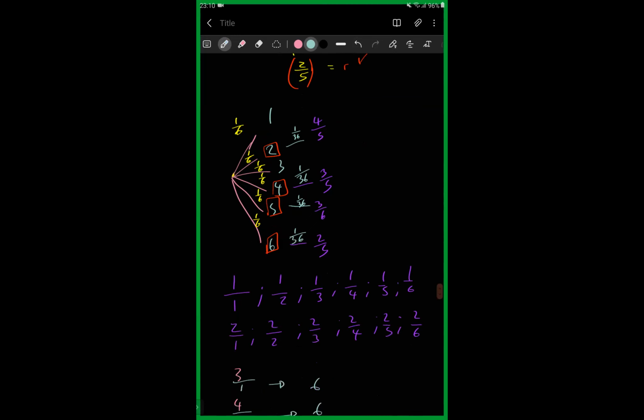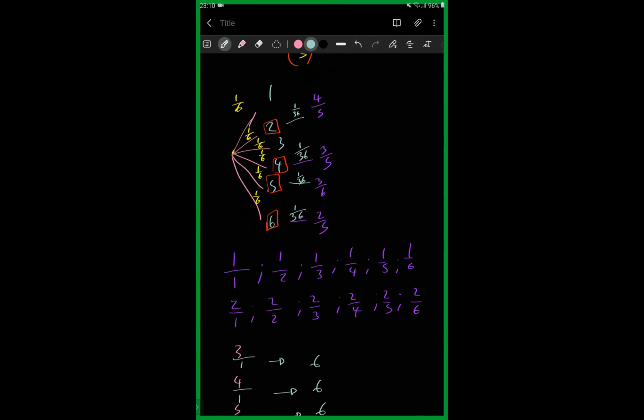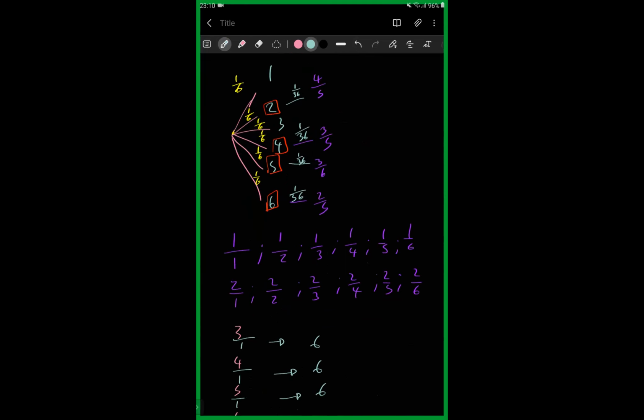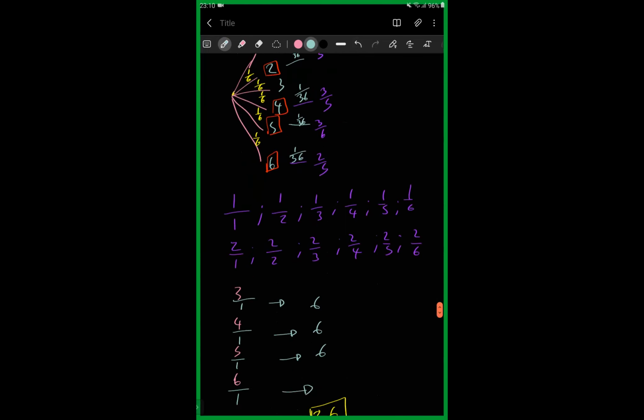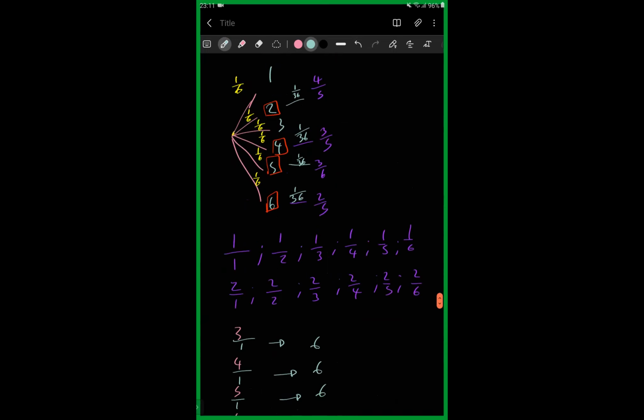Now, the funny thing is, oh no. I think we have to reconsider this one, because there are multiple options to get a half. There aren't really multiple options to get 4 over 5. There aren't really multiple options to get 3 over 5. There really aren't multiple options to get 2 over 5.